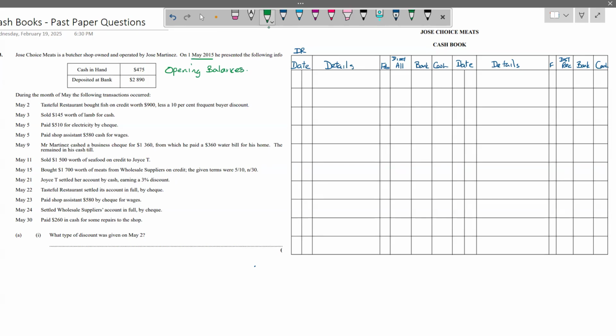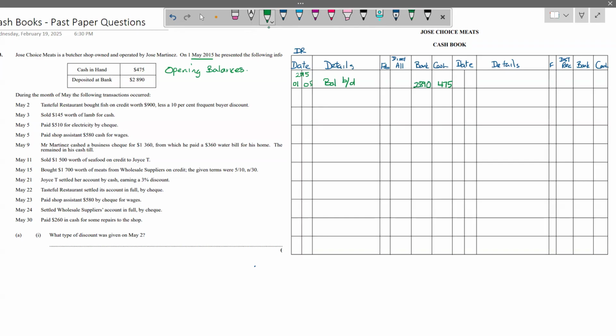So we could write here 0105, right? This is 2015. So on the 1st of May 2015, our balances brought down or brought forward is cash in hand 475 and cash in bank 2,890. Right, that's our opening balances.